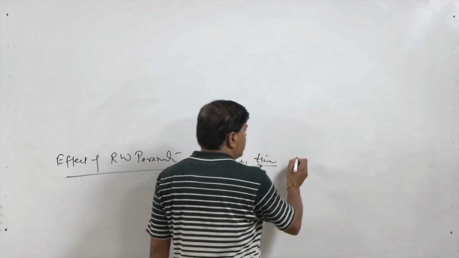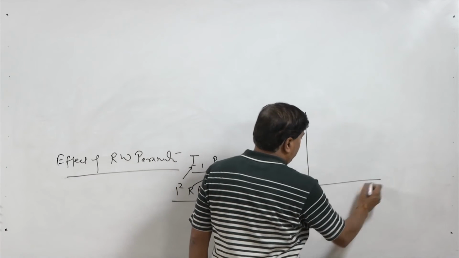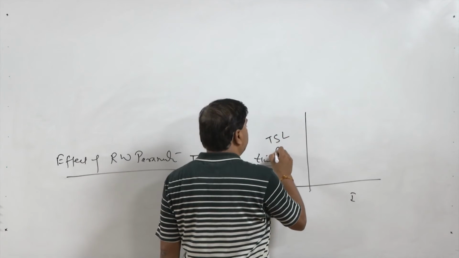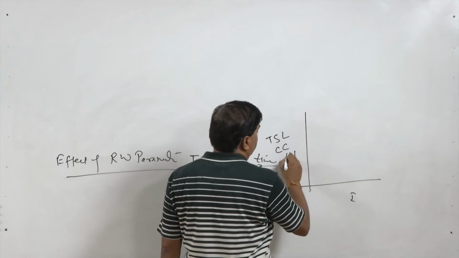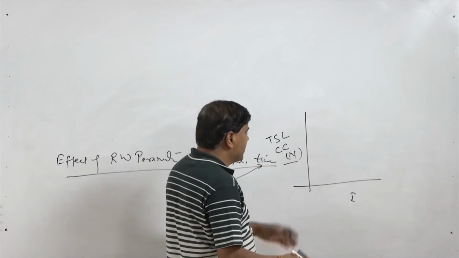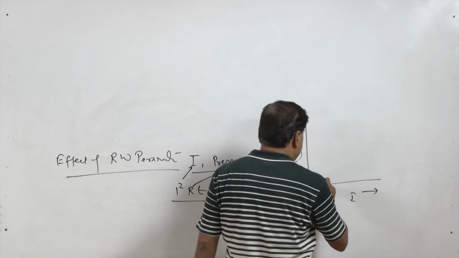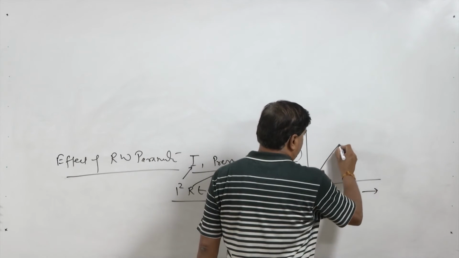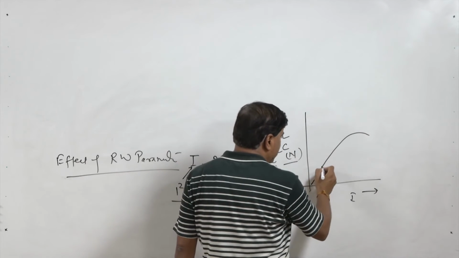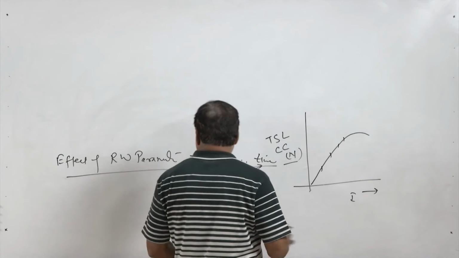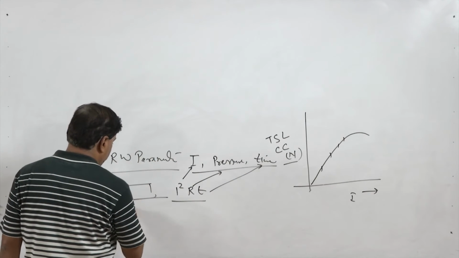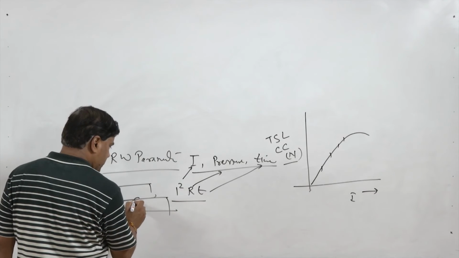Now, we will see that when the current is increased, the tensile shear load carrying capacity in kilonewton increases with the increase in current, and then it starts decreasing after reaching the maximum. Increase in current will increase the heat generation, which in turn will increase the size of the nugget, and that is good from the shear strength point of view.